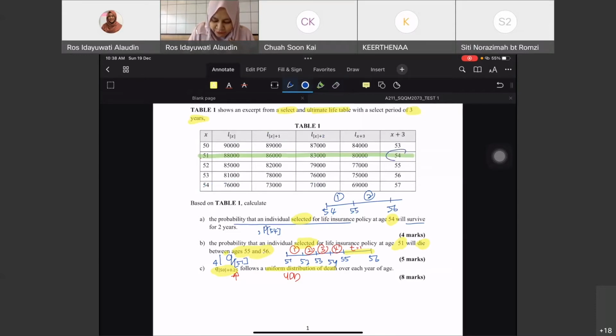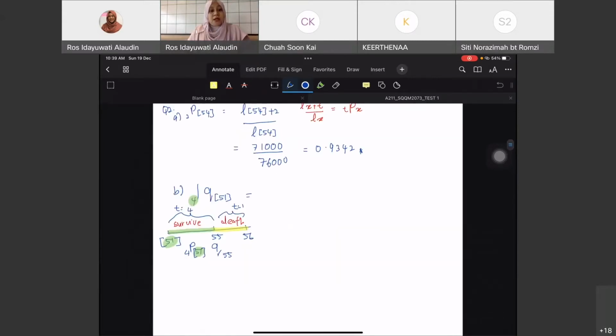Starting age 54 is not in the select life table anymore. He has joined the ultimate life table. So for the ultimate life table, we don't need to put in the bracket. So how to calculate this one? In terms of lx, 4P51 is l(x+t) over l51.